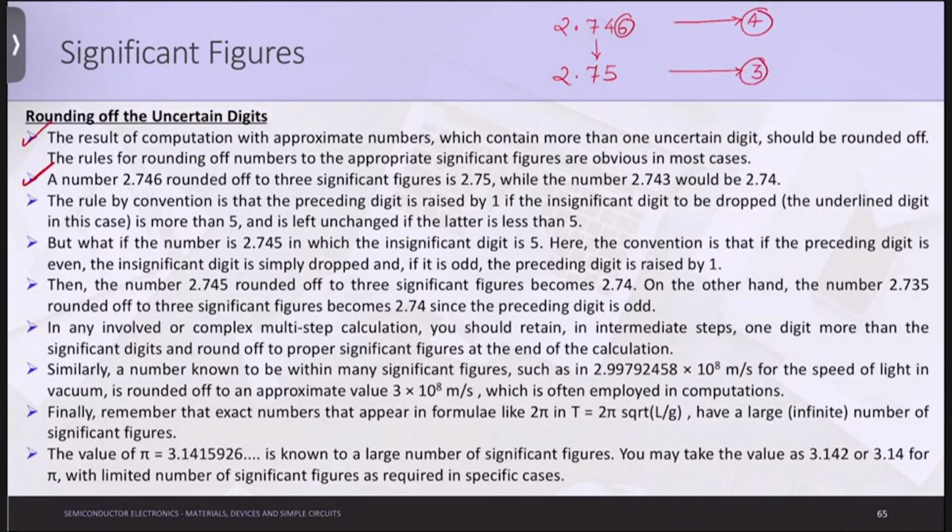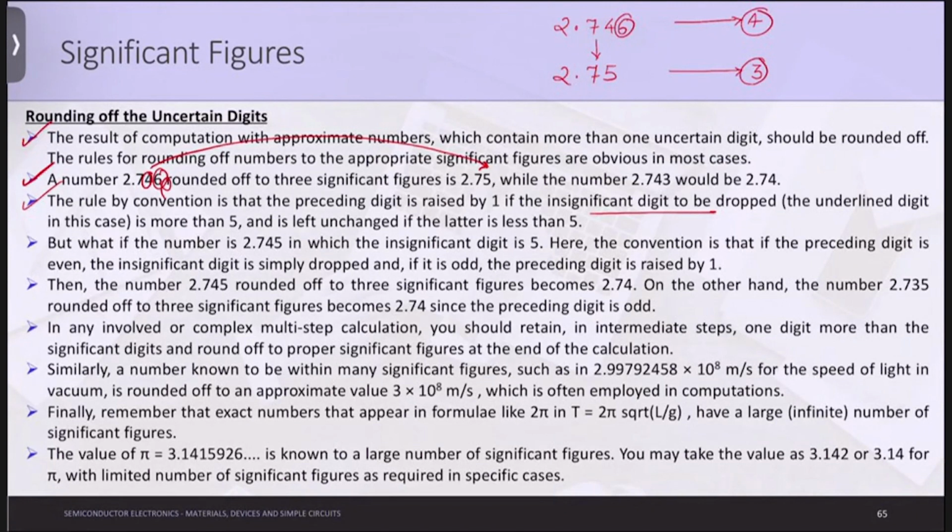Moving on, the rule by convention is that the preceding digit is raised by 1 if the insignificant digit to be dropped is more than 5. So this 6 is the insignificant digit here.